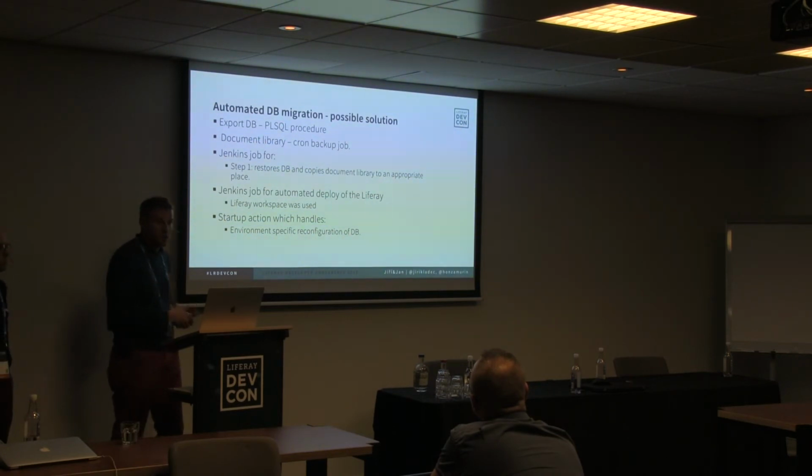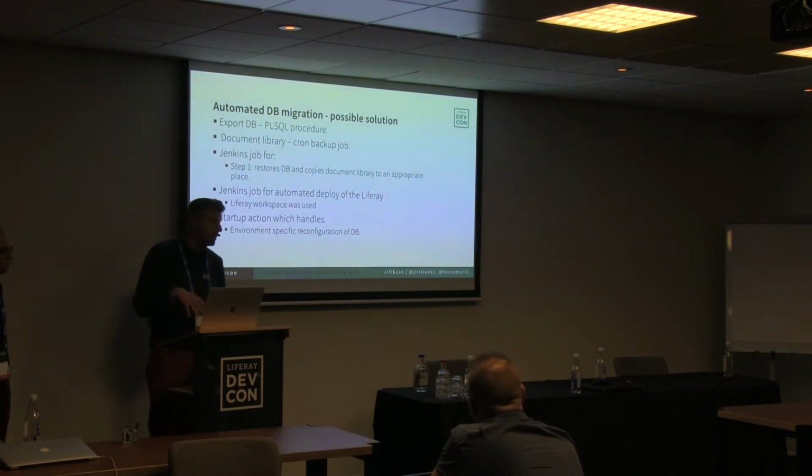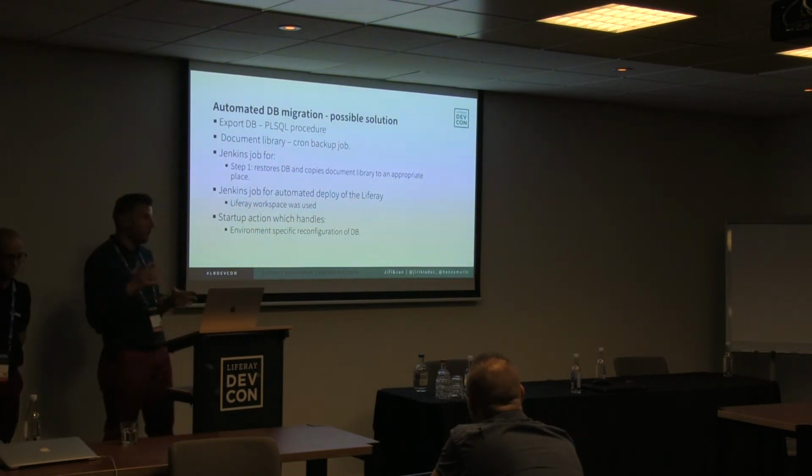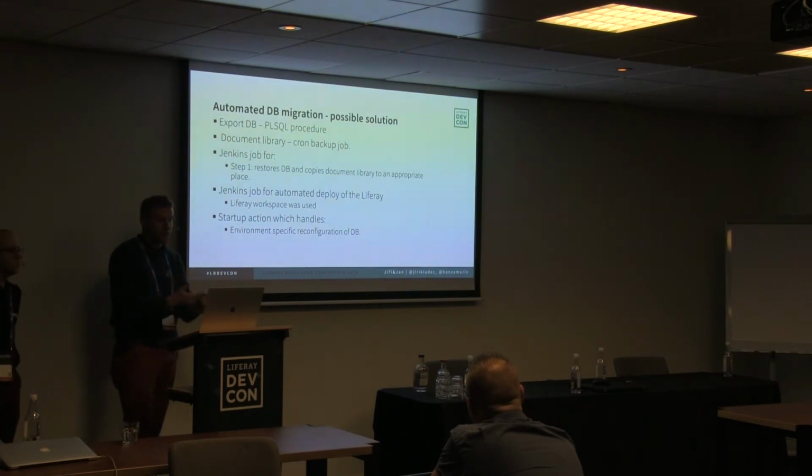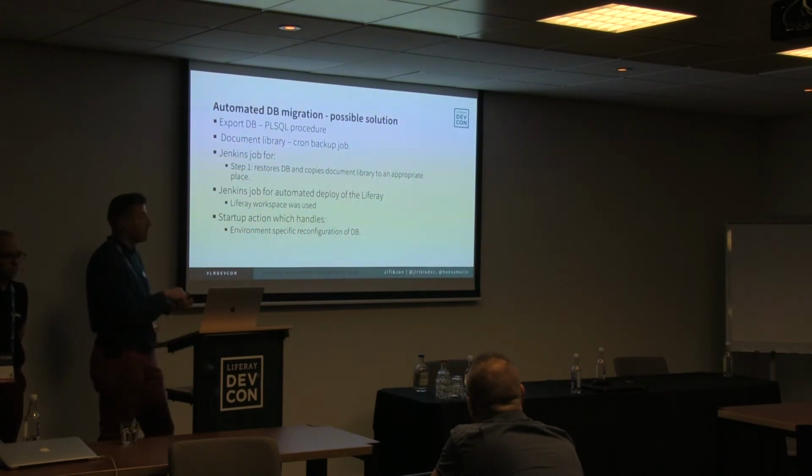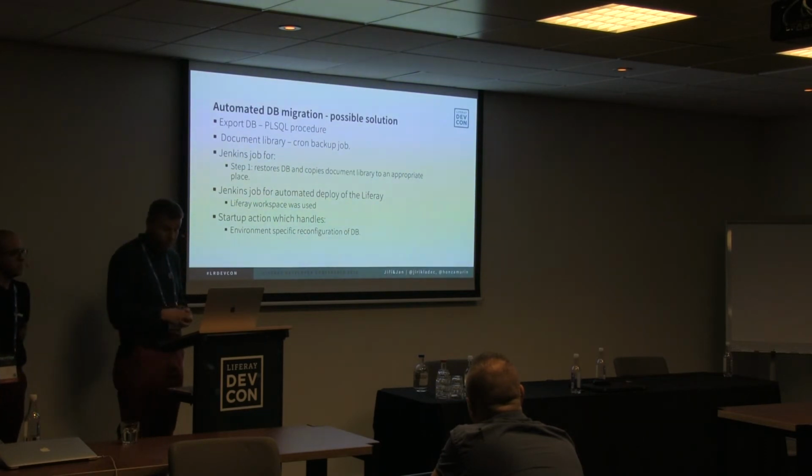Then we take advantage of the Liferay workspace, and we build up the whole bundle with all the OSGi modules, and upload it on the concrete environment. And during the last stage, we solve all the environment-specific configurations, because we wrote our own startup action, which handles all the reconfiguration needed for the test or for the pre-production environment.